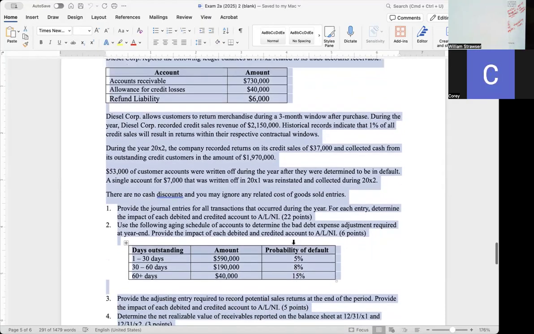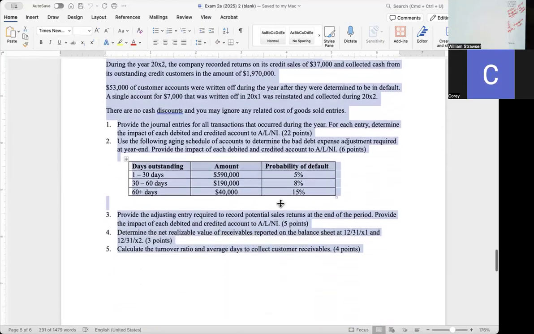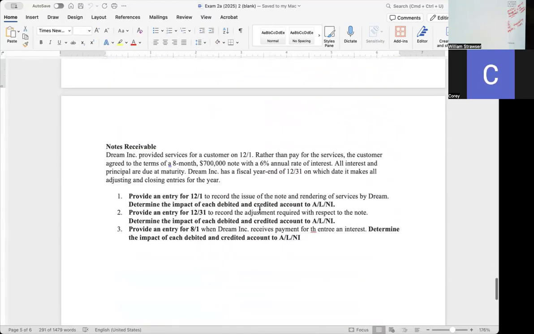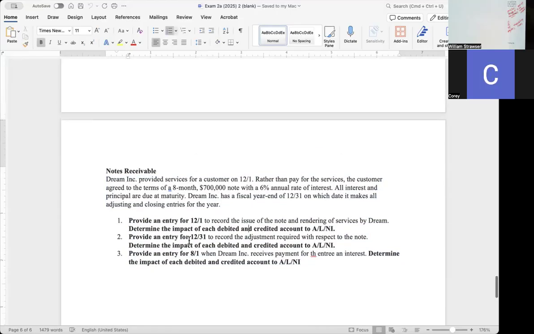So make sure that you go through this, understand all the aspects of this accounts receivable problem. Notes receivable, I might have one question about how to accrue interest on a note. It wouldn't be a really difficult one. It would be something along the lines of what I gave you on this test. But I would only ask for one of these, not all three.